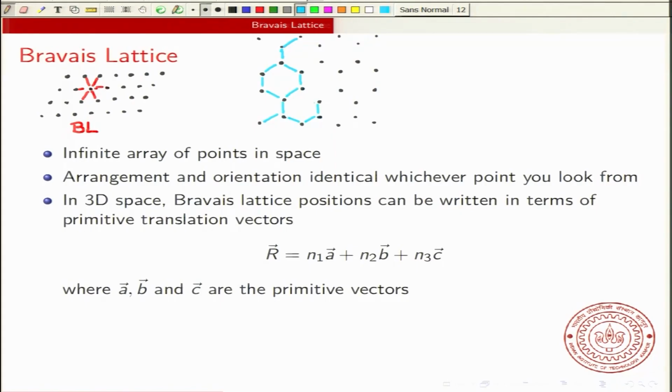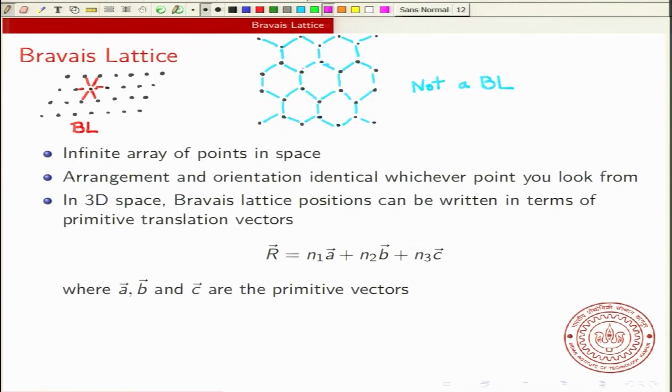This honeycomb lattice in 2 dimensions is an ordered arrangement of points, and you can see that it is an infinite arrangement. You can extend this to infinity, and you get this arrangement of points. Now, this is not a Bravais lattice, and the reason is the following.